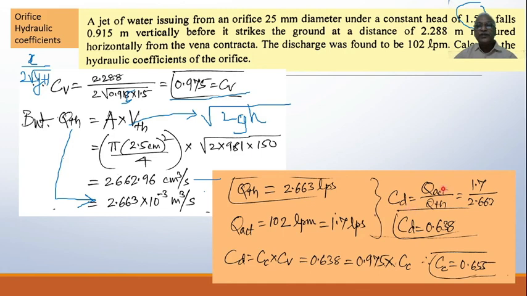The CD is Q actual by Q theoretical, 1.7 divided by 2.663. If you solve, you get CD as 0.638. I know CD, I know the value of CV. So CD equal to CC into CV, you know this equation, from which CC is calculated, and it is 0.655. I think there we'll stop. We'll continue after.